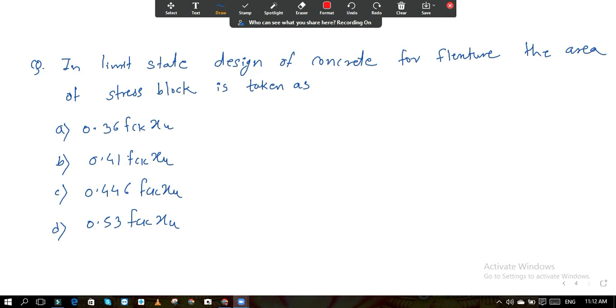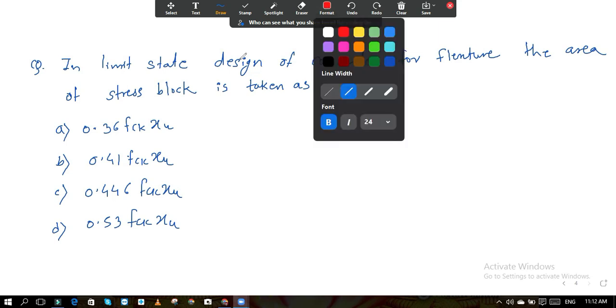In the limit state design of concrete for flexure, the area of the stress block is taken as... While teaching the DCS1 in first lecture in first unit, I have told you this.